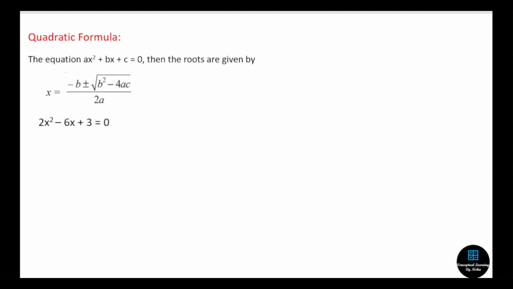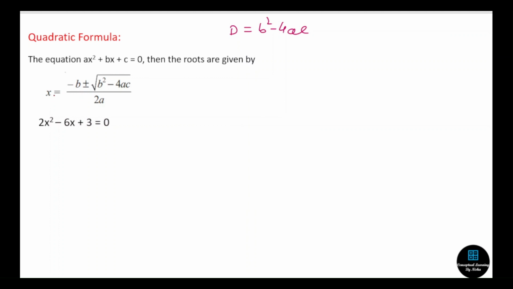Do you remember I told you there are several ways of solving a quadratic equation? So now here one more method we are going to learn, which is nothing but using the quadratic formula. Now we already learned the discriminant, right? Discriminant D equals b square minus 4ac, correct? So now we can use this discriminant to find the solution.